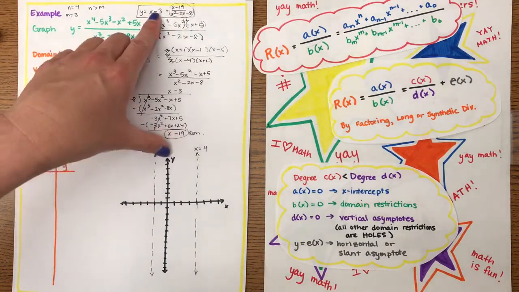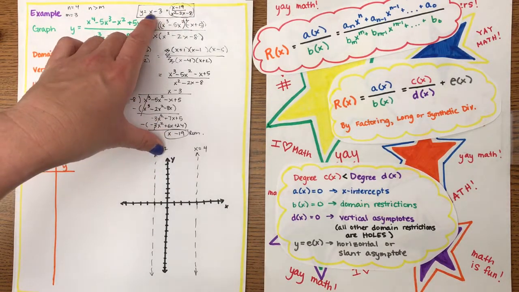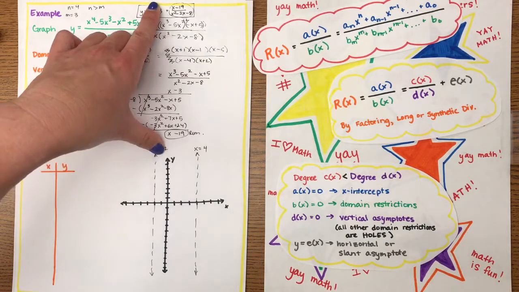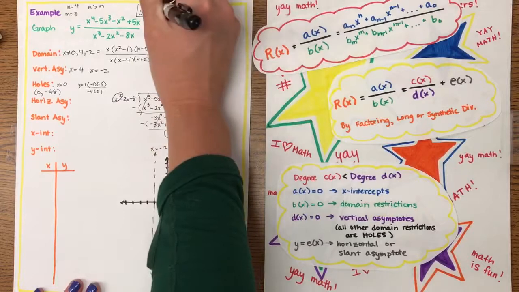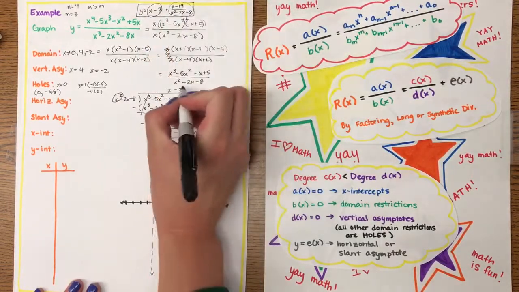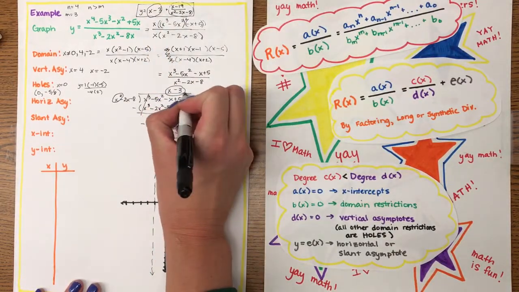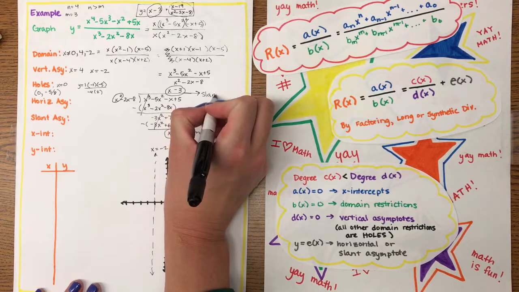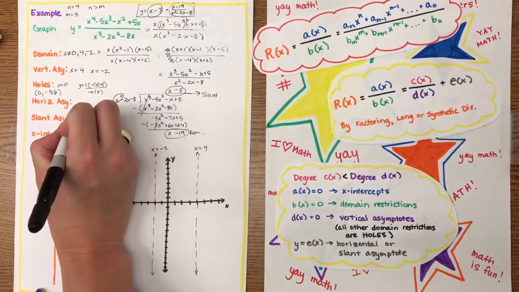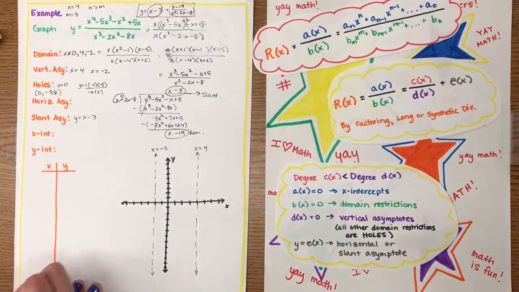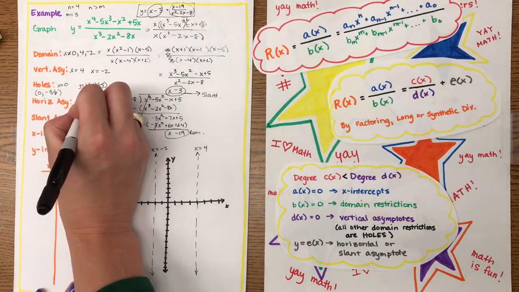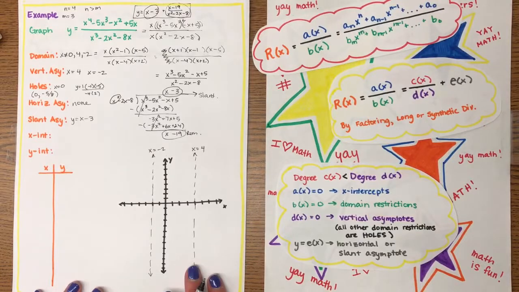So as x gets really big, y is just going to approach whatever's left here, and that's an equation. So this piece here becomes my slant asymptote. Okay, so y is equal to x minus 3 will be my slant asymptote. Because I have a slant asymptote, there is no horizontal asymptote.